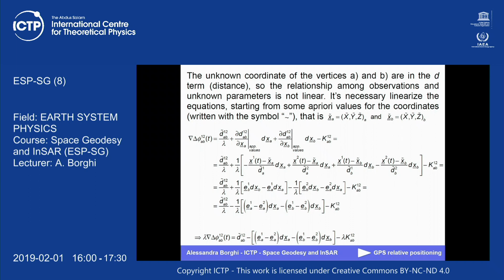It's not linear, so we have to deal with this problem. Up to now we have seen what we have with a linear relationship between unknowns and observations. And we are not in this condition.